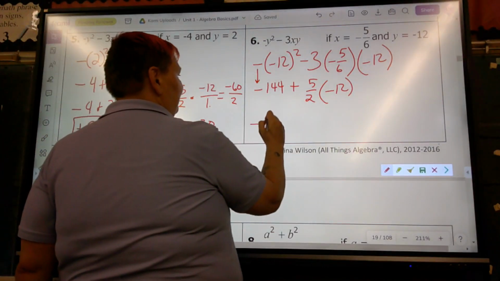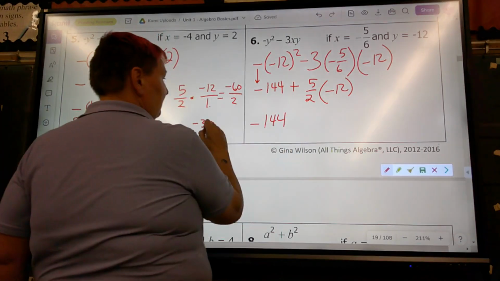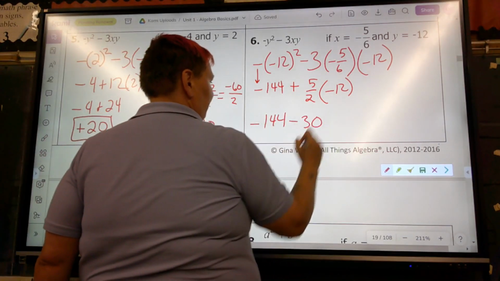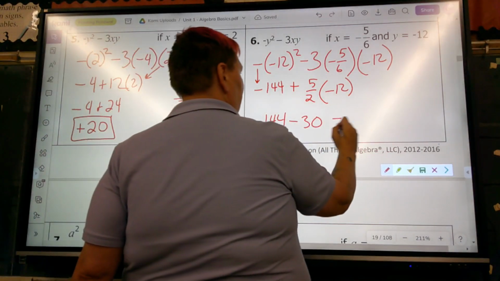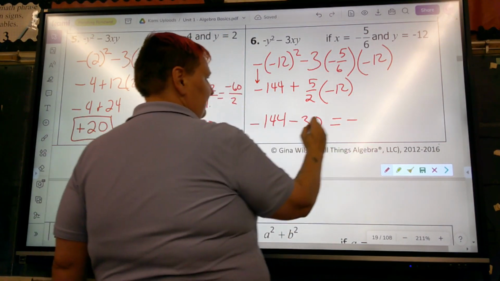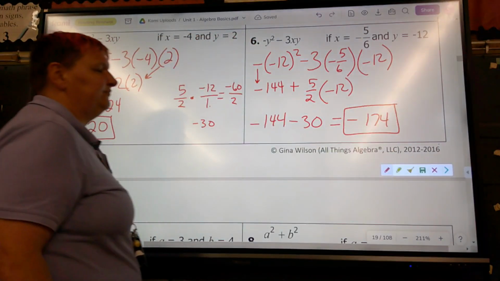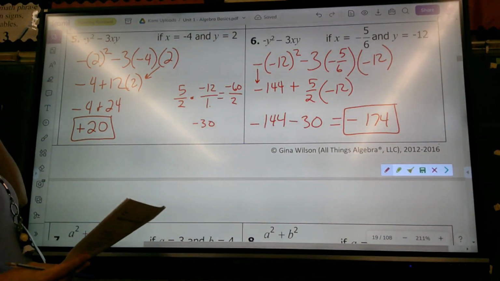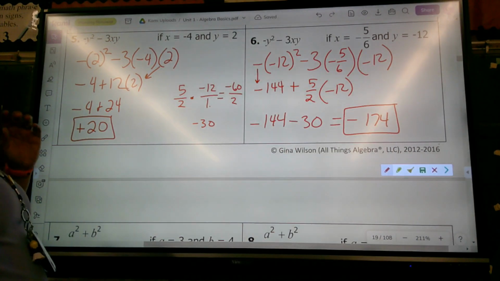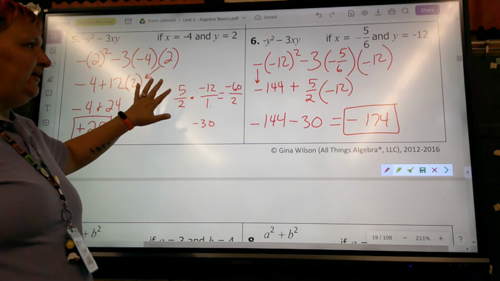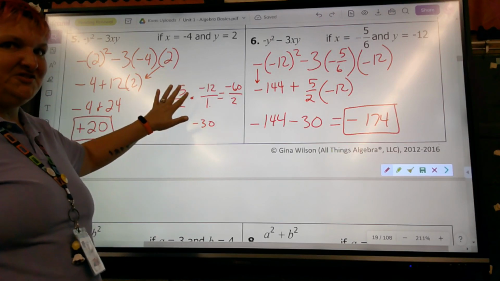So we have negative 144 minus 30, which would be a negative 174. So they added fractions just to hurt your brain, but don't let them hurt your brain. Multiplying by fractions is super easy.